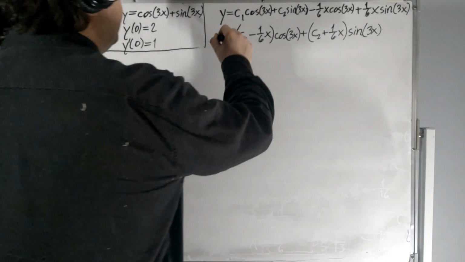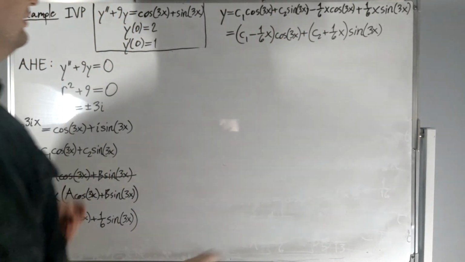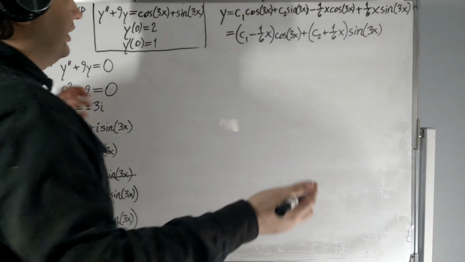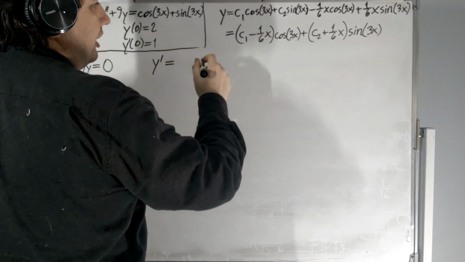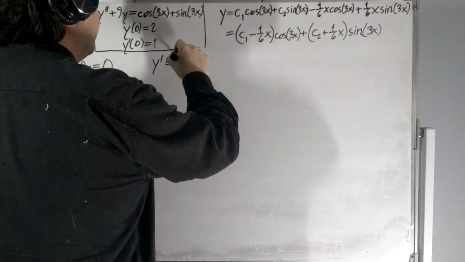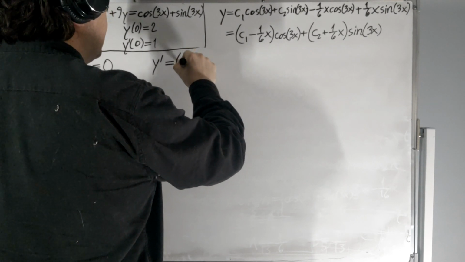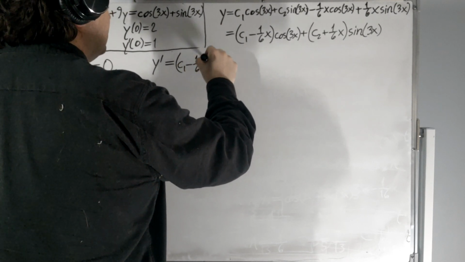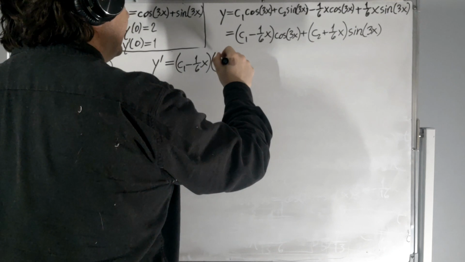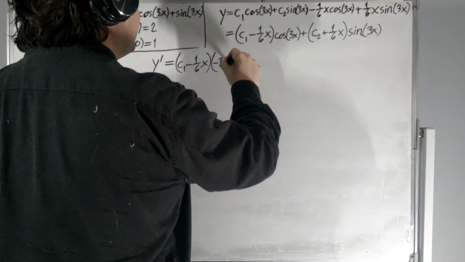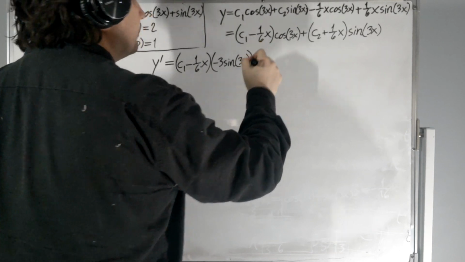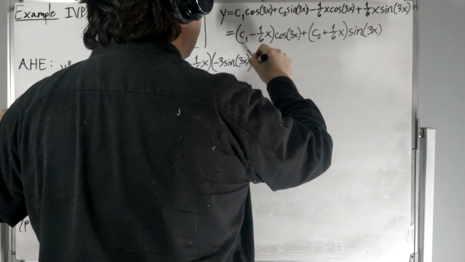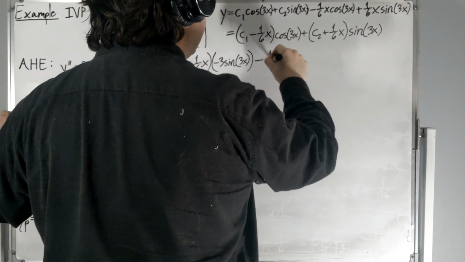This is y. So we're going to need a derivative of that. So y prime, okay, two product rules. So first times the derivative of the second, plus the second times the derivative of the first.